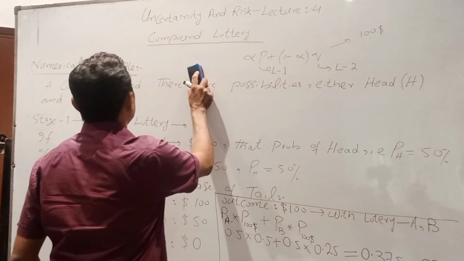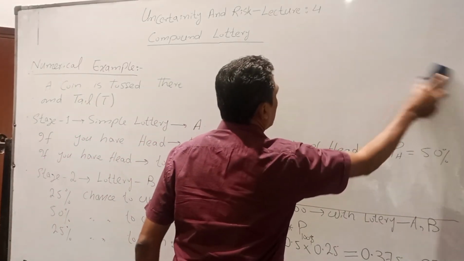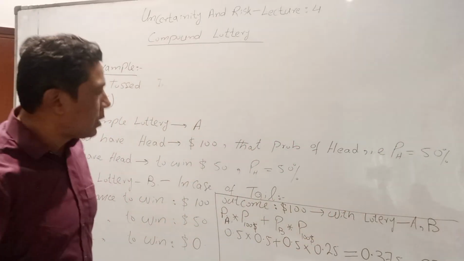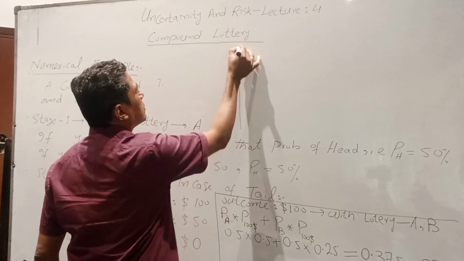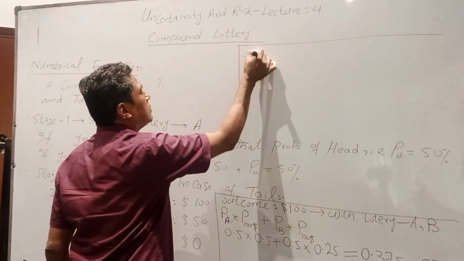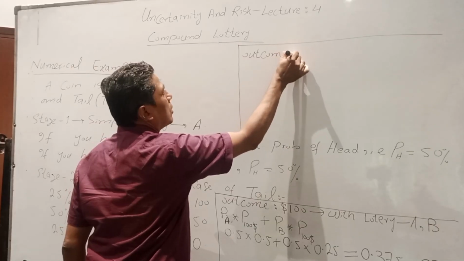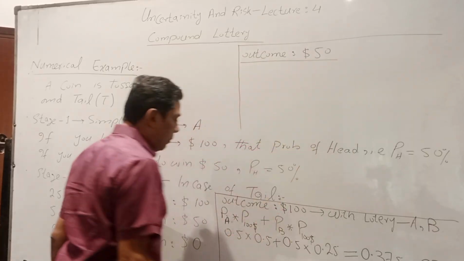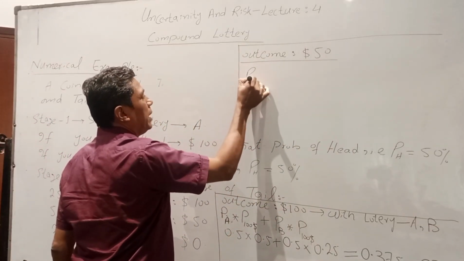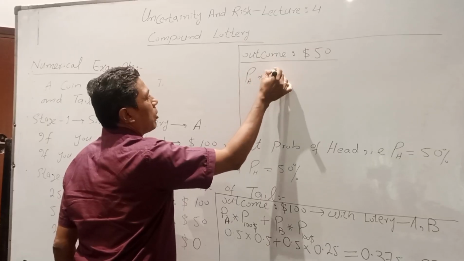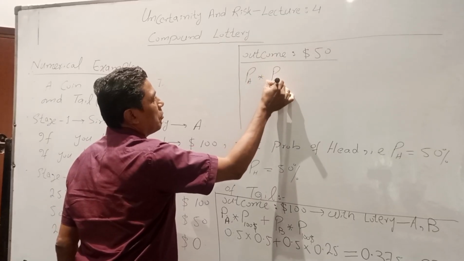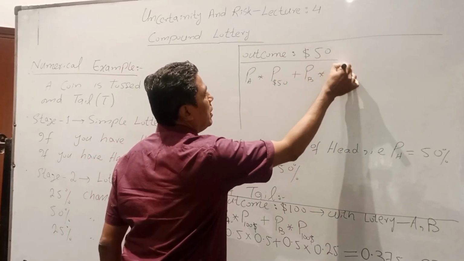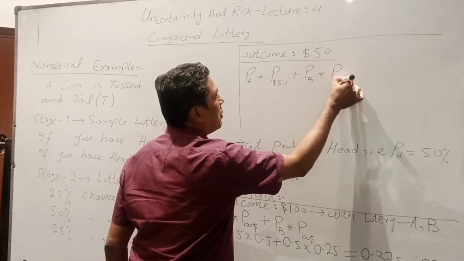Outcome $50 here. Again, probability of playing lottery A and probability to win $50, plus probability to play lottery B, and similarly probability to win $50.